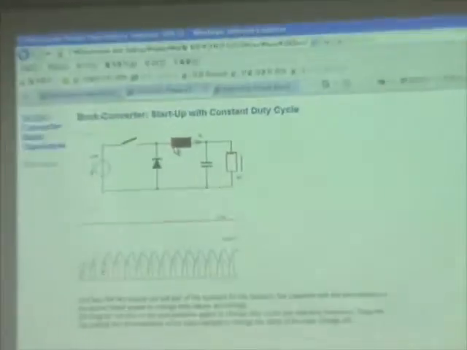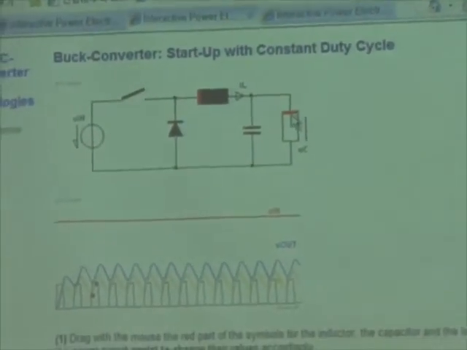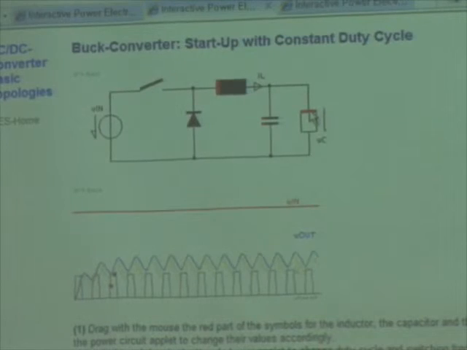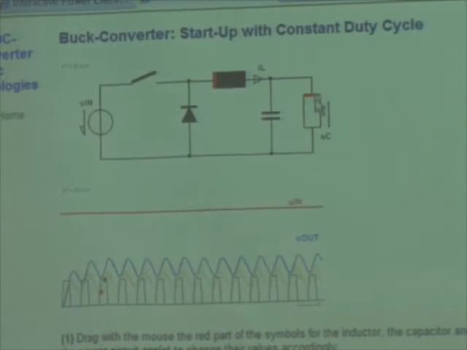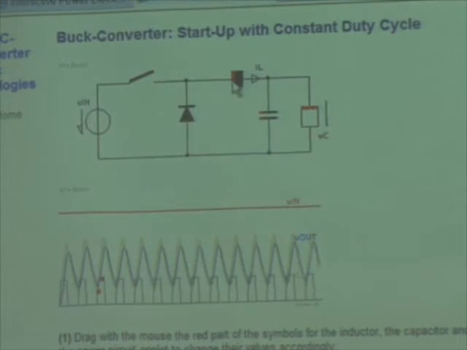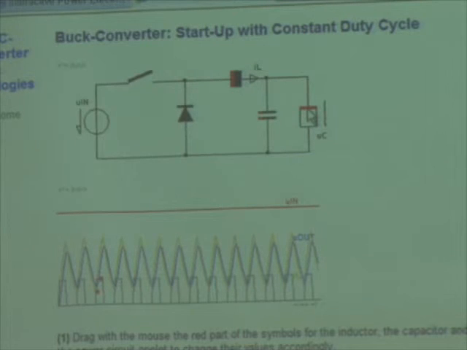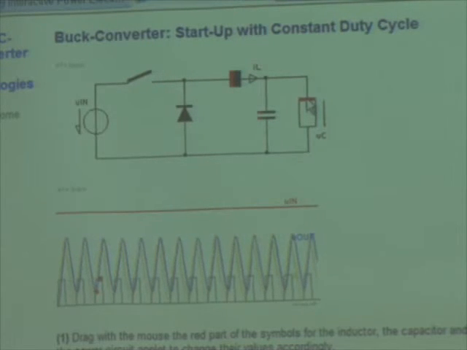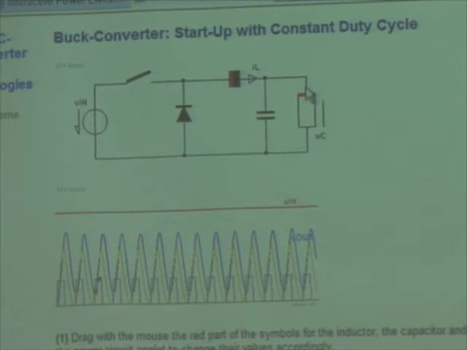Once again, if we have higher inductance, then we have a higher chance of staying in continuous conduction mode. But if we have a low inductance, then as soon as we decrease the load, we enter discontinuous conduction mode.